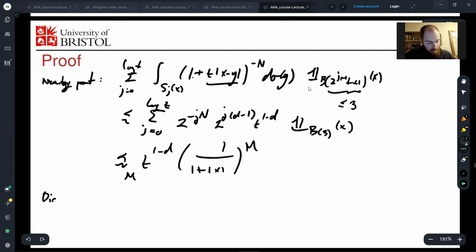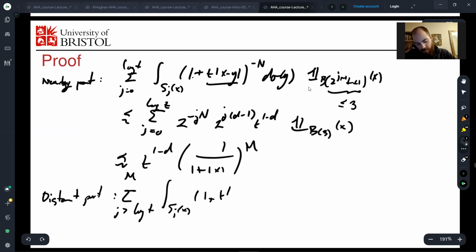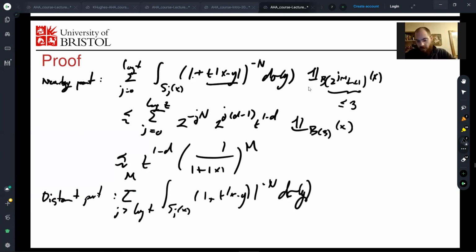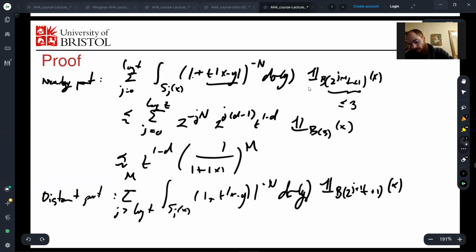And now the distant part is similar. I've got the sum over j greater than log of t, the integral over S_j of x of (1 plus t|x minus y|) to the minus n, with this factor which I get to replace by an expression like this.